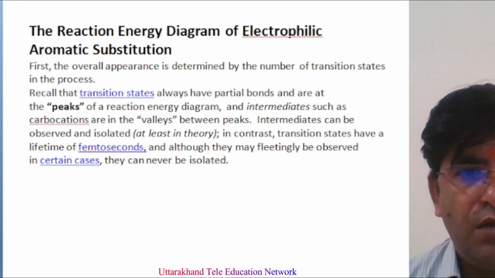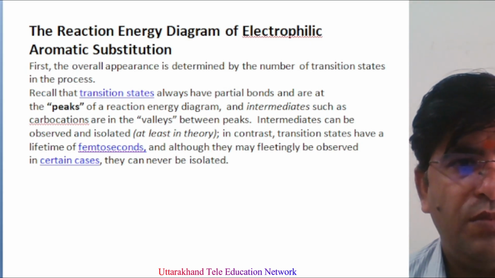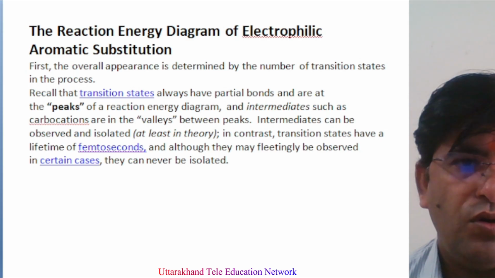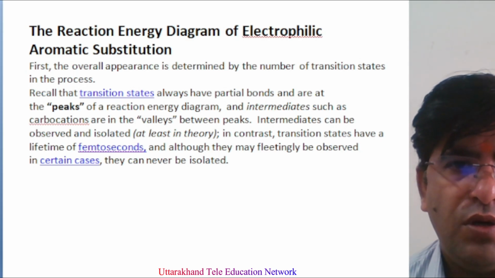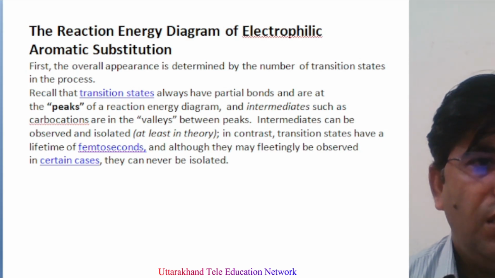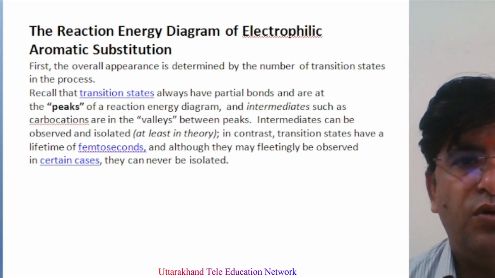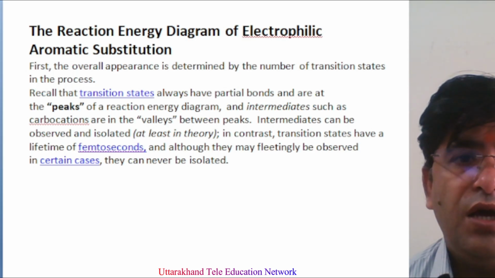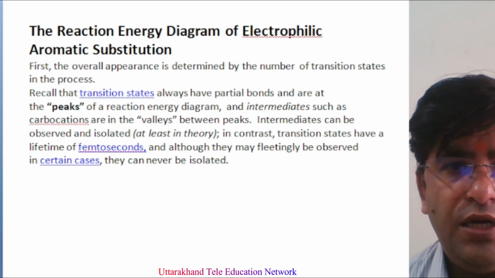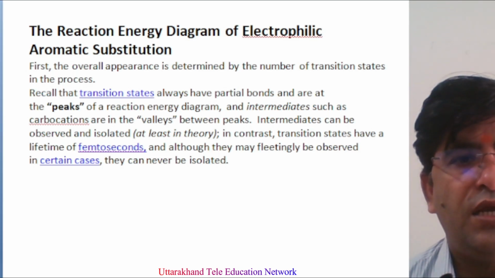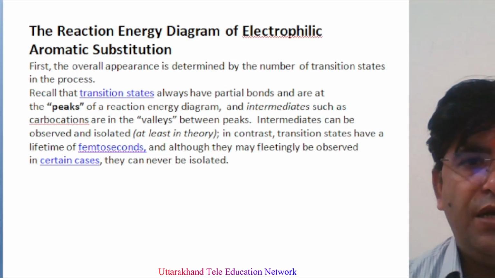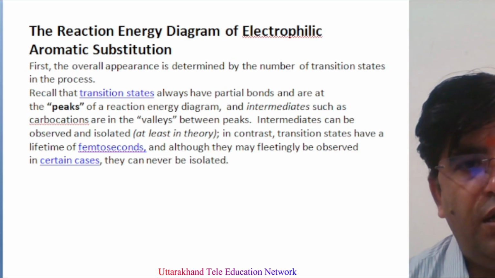The reaction energy diagram of electrophilic aromatic substitution. The overall appearance is determined by the number of transition states in the process. Recall that transition states always have partial bonds and are at the peak of a reaction energy diagram, and the intermediates such as the carbocation are in the valley between the peaks. The intermediate can be observed and isolated.